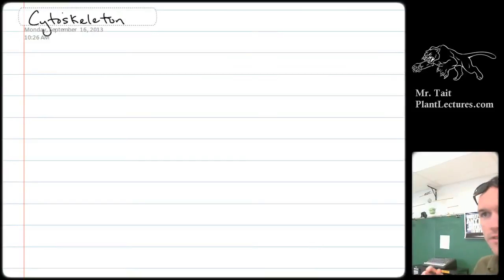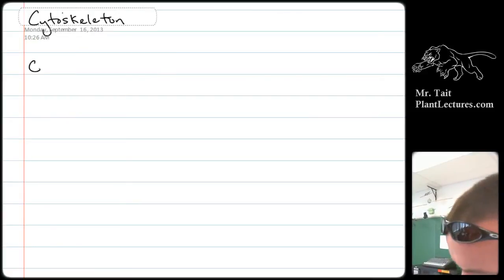Okay, so if the cell needs to move at all, which cells do need to move, even stationary cells that are part of a larger organism have lots of stuff inside that's moving around, and it couldn't move around if it didn't have the cytoskeleton. Okay, so that's its basic function.